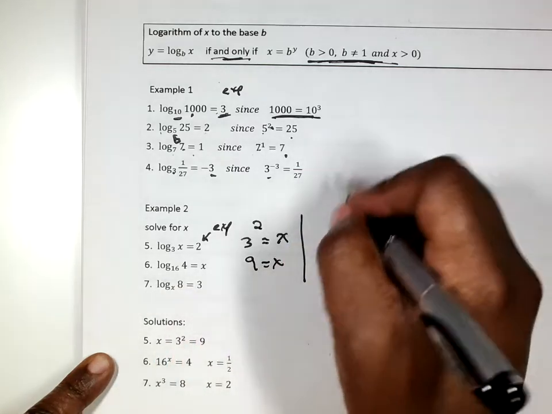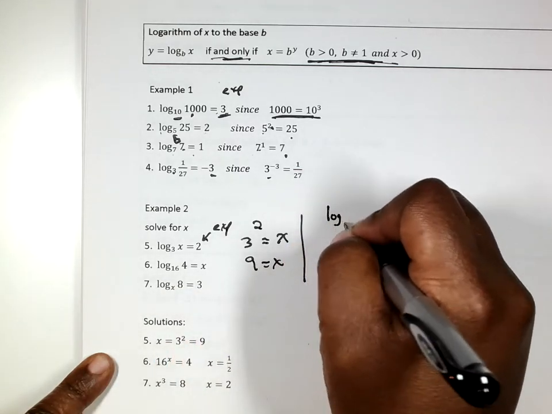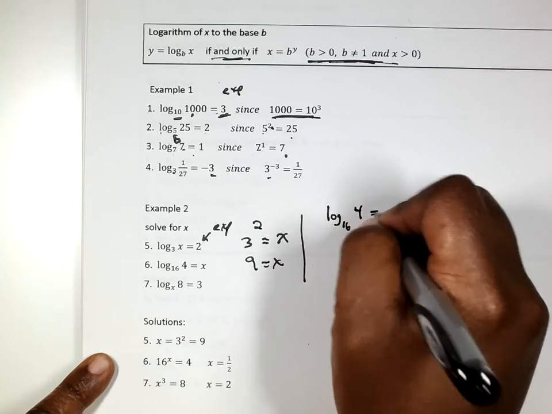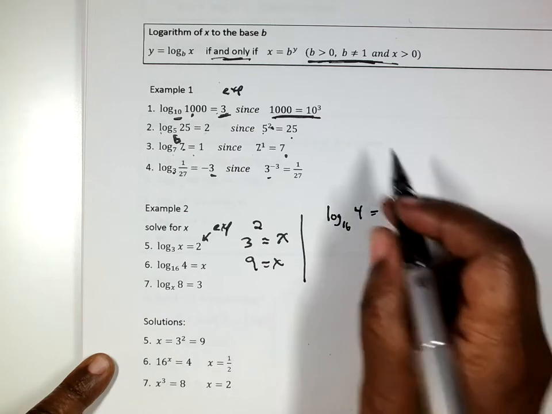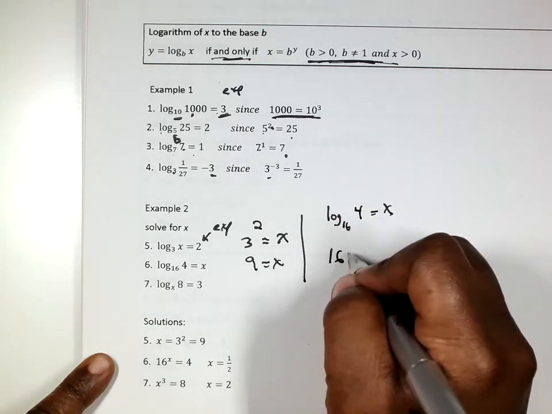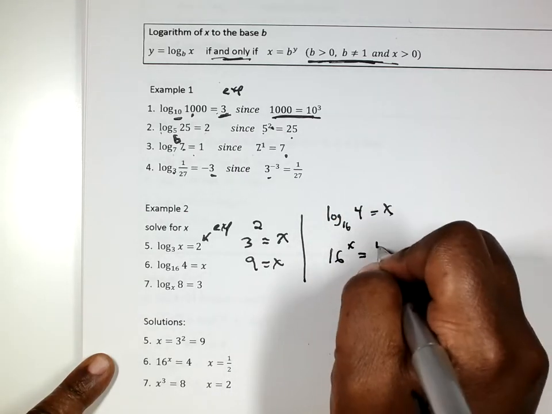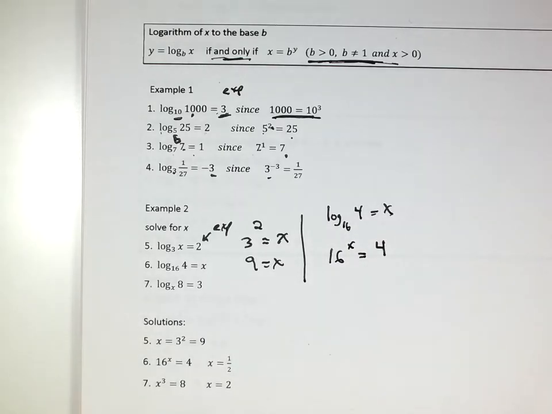Number 6, we have log base 16 of 4 is equal to x. So the base is 16 and x is the exponent. So 16 to the x is equal to 4. And remember in the last section we rewrote these. If we can get the bases the same, the exponents have to be equal.